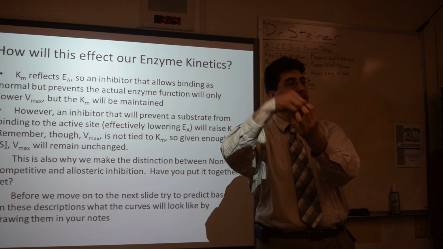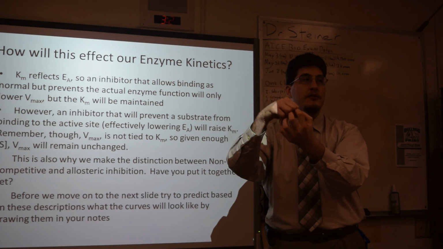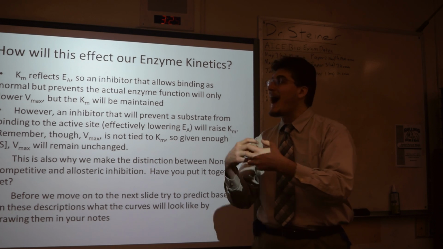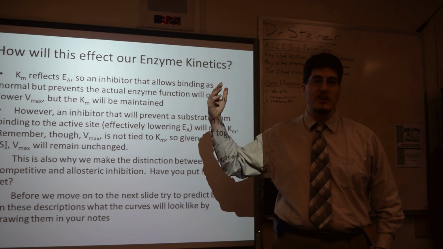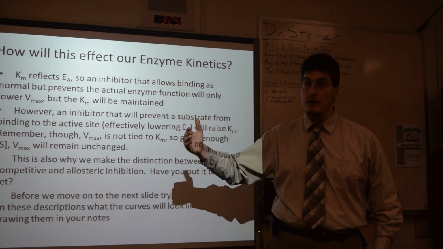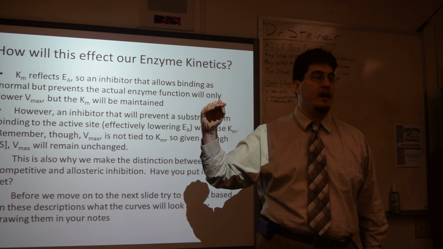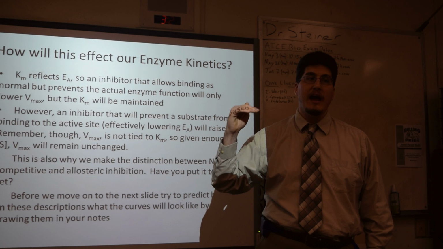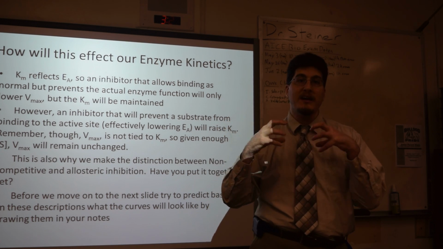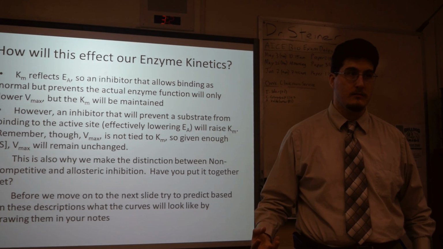If the substrate cannot fit, then the active site has a lower affinity. So an allosteric inhibitor will lower enzyme affinity, thereby raising Km and lowering maximal velocity by inhibiting enzyme substrate complex formation and therefore the progress of the reaction.